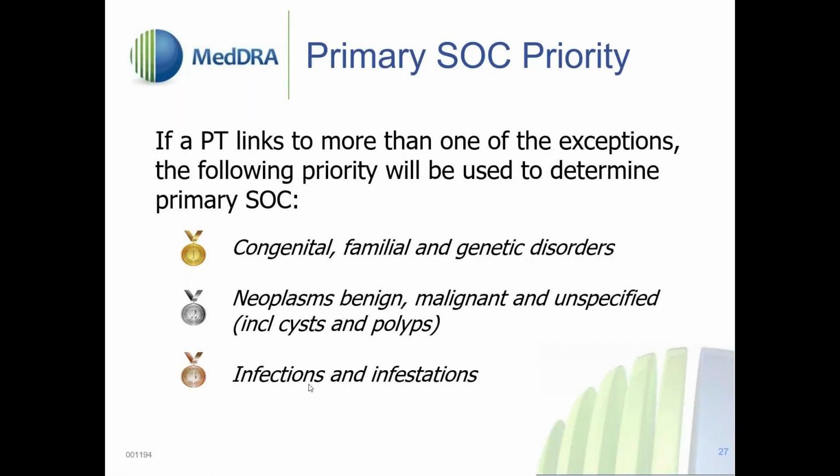So an example, PT congenital infection would have the primary SOC congenital and only a secondary linkage to infections and infestations. And a PT like infected neoplasm would have neoplasms as the primary SOC assignment and only, again, a secondary linkage to infections and infestations.